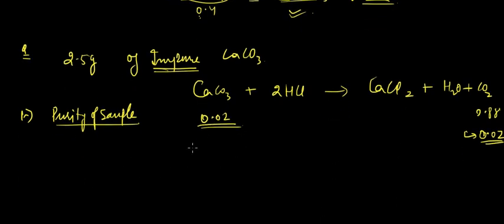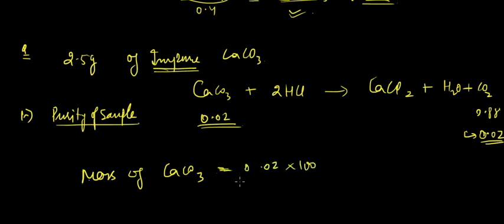Okay, and so the mass of CaCO3 must have been 0.02 into 100. So it should be ideally 2 grams.